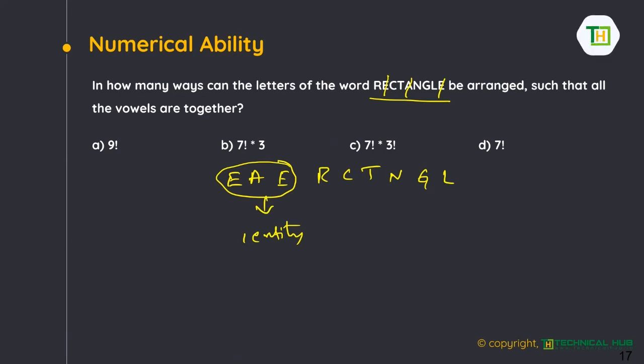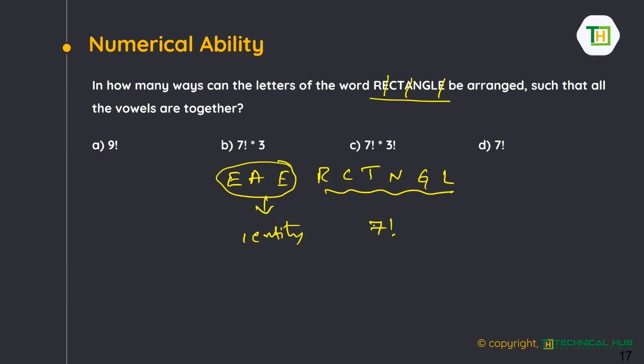These 6 non-vowels are different, and vowels are together as 1 single entity, so 6 plus 1, 7 letters. 7 letters can be arranged in 7 factorial ways.